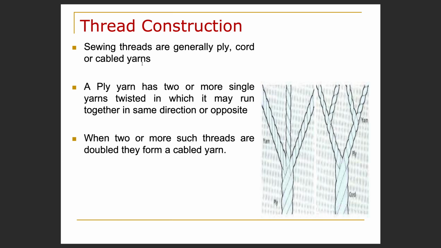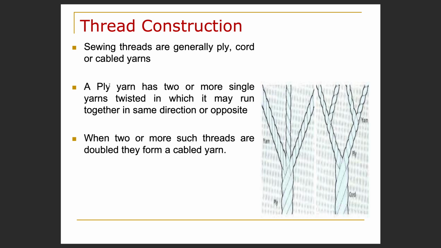And then sewing thread construction basically consists of how the sewing thread is plied, corded, or cabled. So this is generally related to how many plies go into the making of the sewing thread. A plied yarn has two or more single yarns twisted together, which may run in the same direction or opposite.